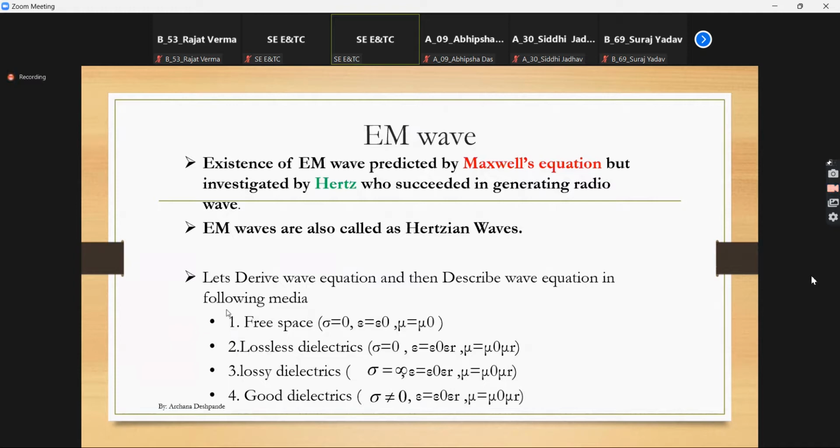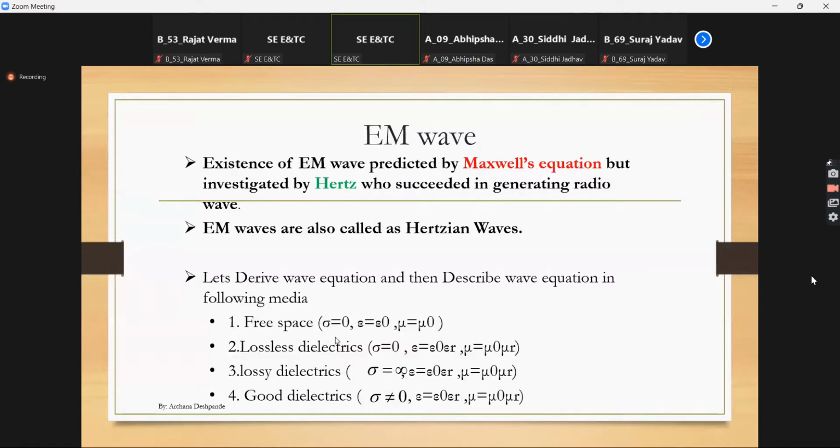Now we are going to derive the wave equation in different mediums. Which are the mediums that we are going to consider? The first is free space. In the bracket, I have shown the properties of free space. The first letter is sigma. Sigma is the conductivity, which is basically due to the charges present in the material.